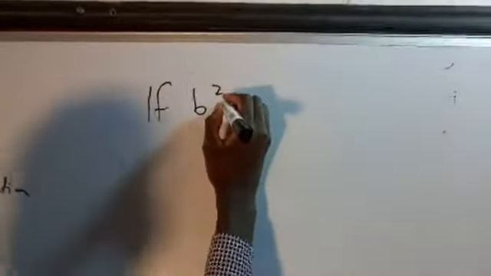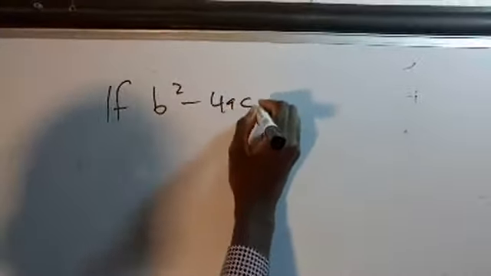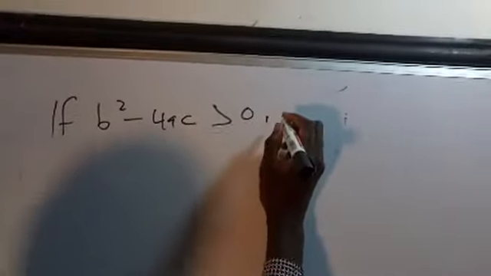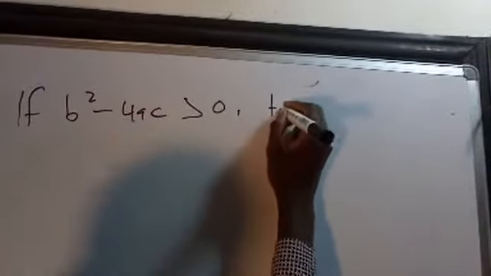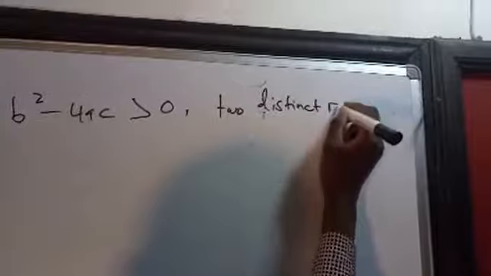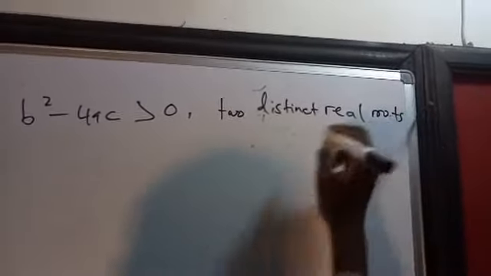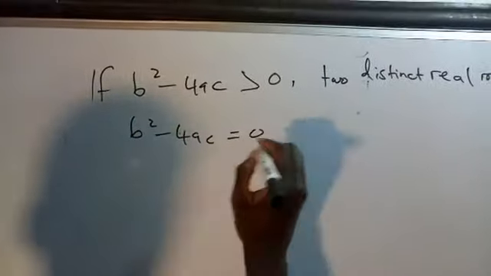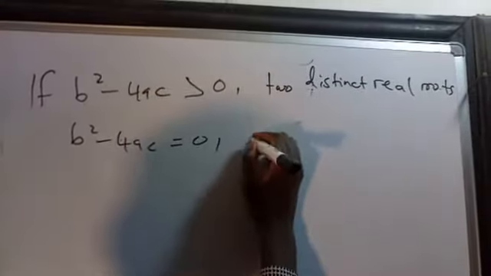So there are some rules we follow in math, and they say if b squared minus 4ac is greater than 0, there are two distinct real roots, and if b squared minus 4ac is equal to 0, there are equal roots.